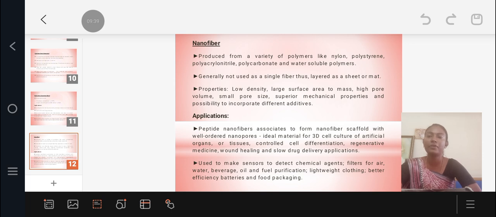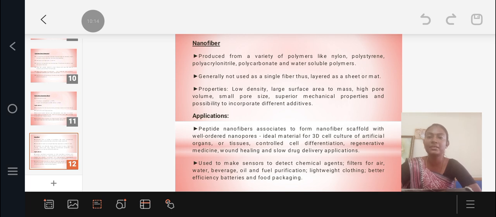Applications of nanofibers: peptide nanofibers associate to form a nanofiber scaffold with well-ordered nanopores, an ideal material for 3D cell culture of artificial organs or tissues, controlled cell differentiation, regenerative medicine, wound healing, and slow drug delivery.